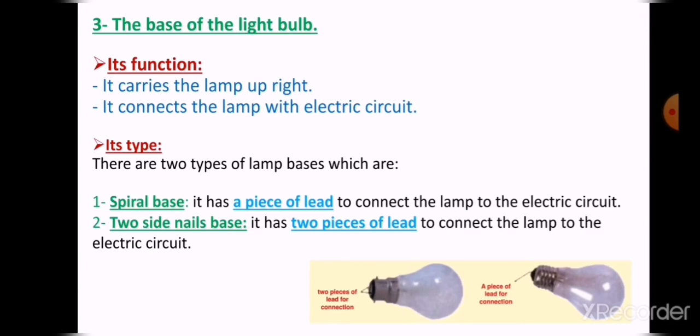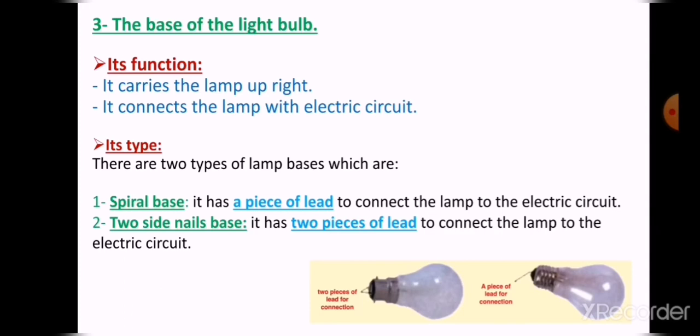Number 2, it connects the light bulb to the electric circuit.